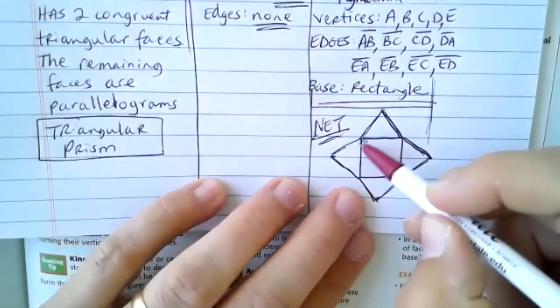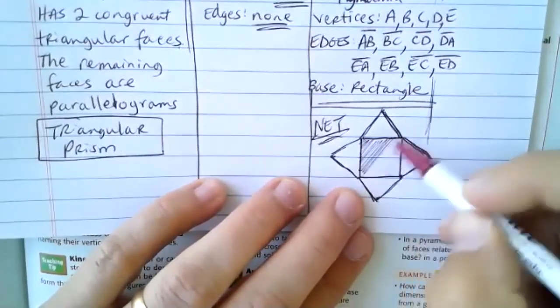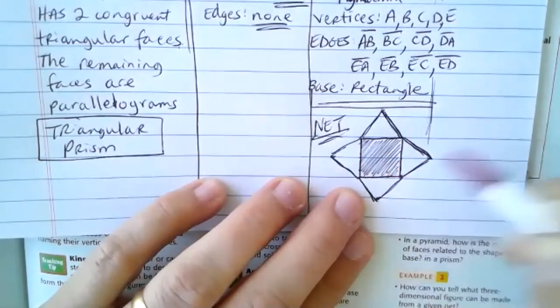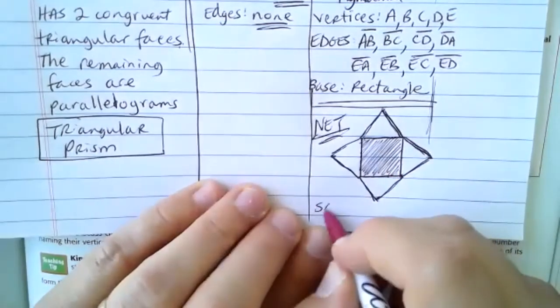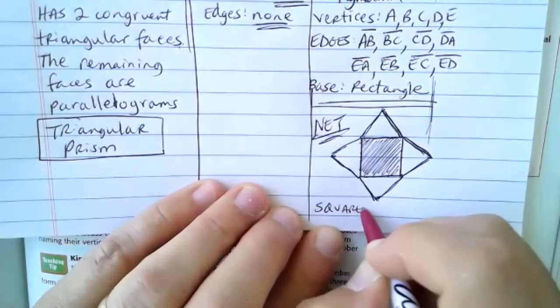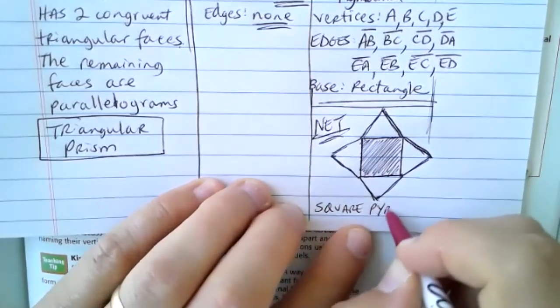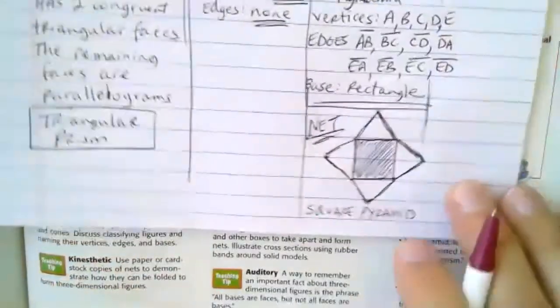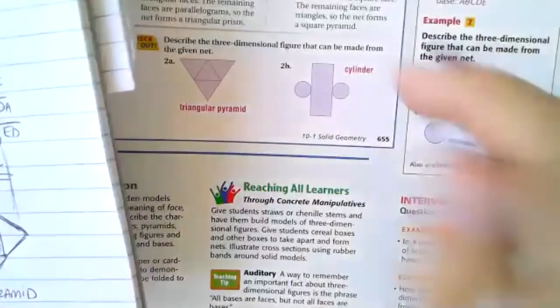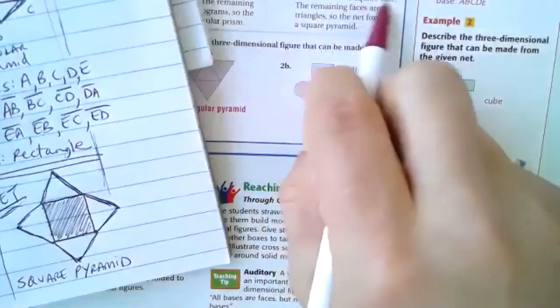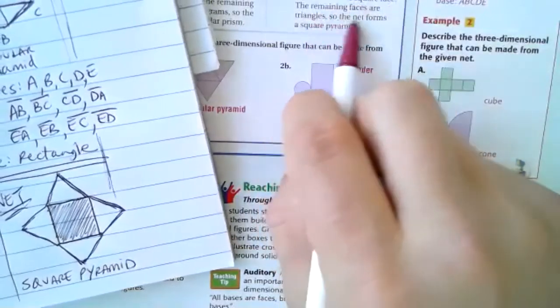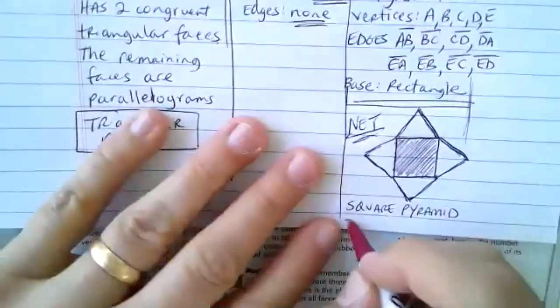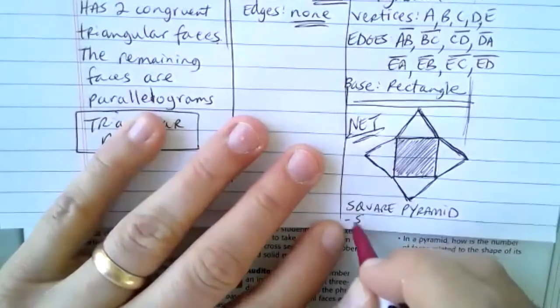So I'm going to highlight that base with my pen here. So this is called a square pyramid. All right. Now, the net has one square face, and the remaining faces are triangles. So I'm just going to put as a side note, square base.